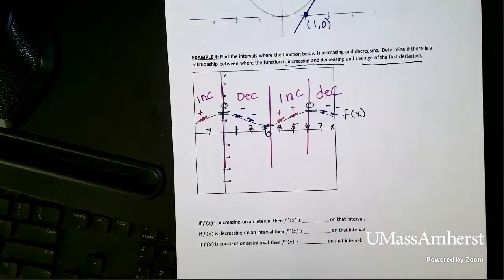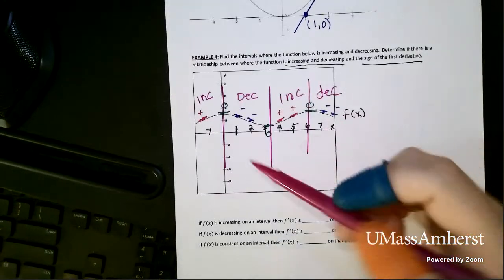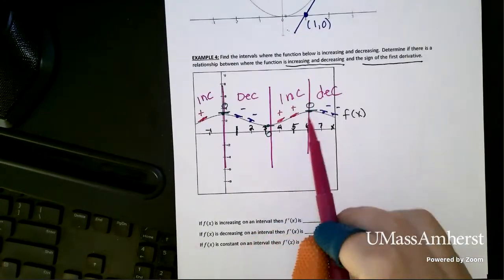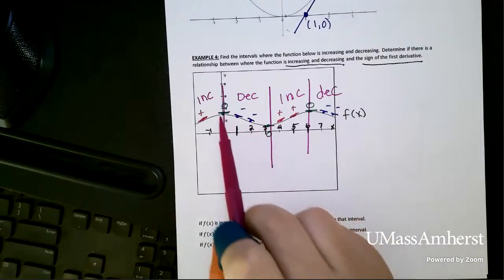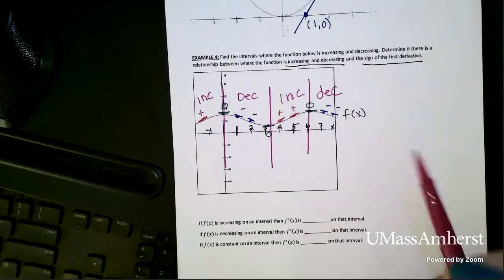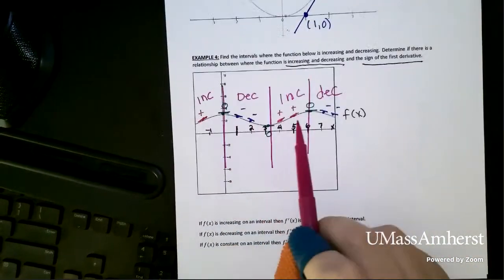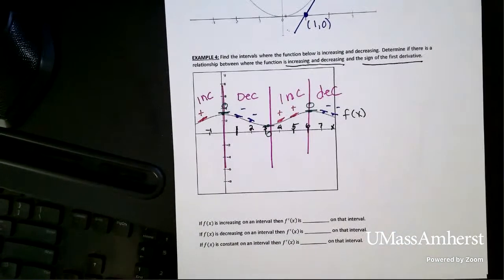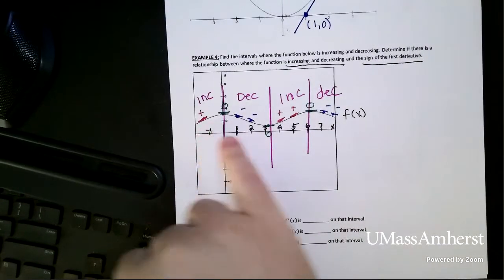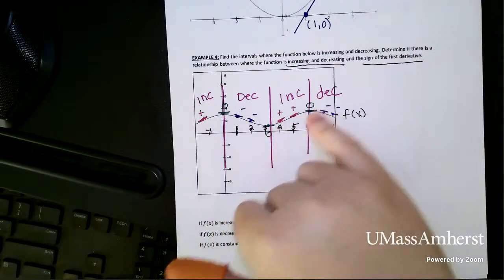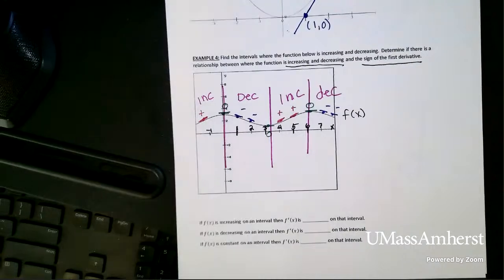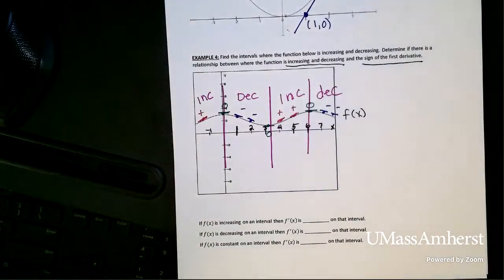One of the things I immediately notice is that when I change from increasing to decreasing, that's where I have these zero sloped tangent lines, right? So the derivative is zero when I change from increasing to decreasing. I also notice that whenever my function is increasing, my tangent lines are positively sloped. And whenever my function is decreasing, my tangent lines are negatively sloped.